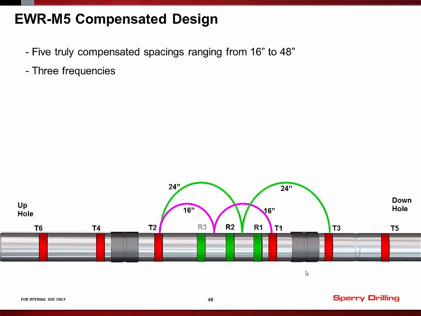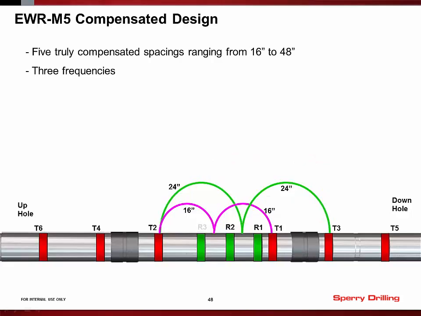If we go to the next spacing, this is the 24-inch spacing. Here we've turned off R3 now. We've got R1 and R2 active, and T2 and T3 are again symmetrical with respect to those two receivers. So again, we can make a compensated measurement now at a longer spacing.